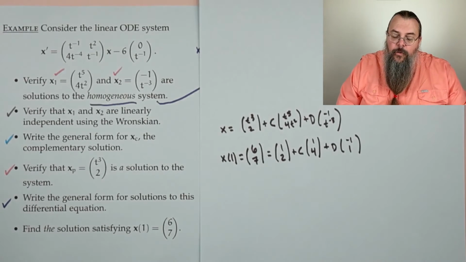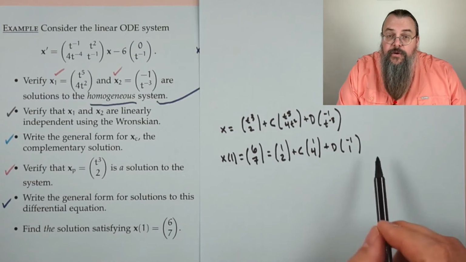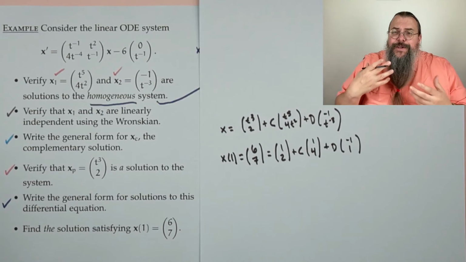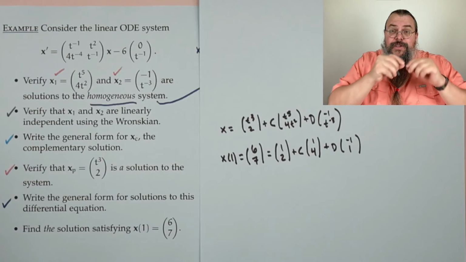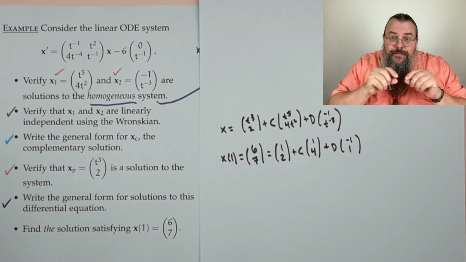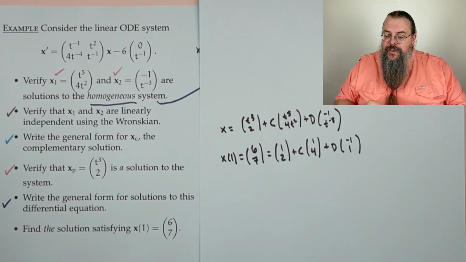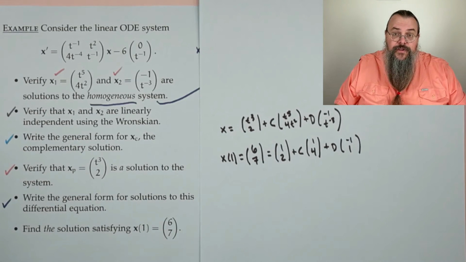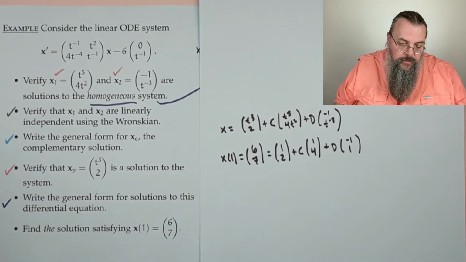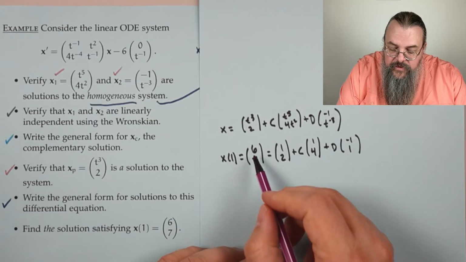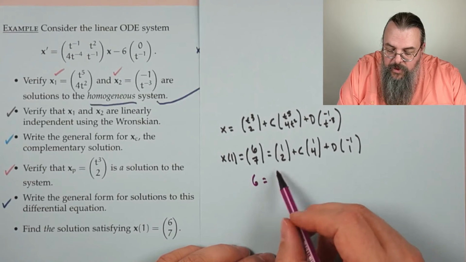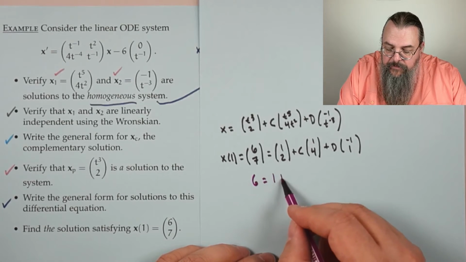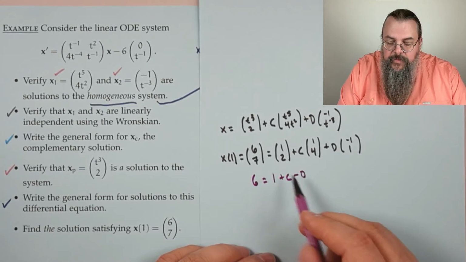Okay, now when you look at this, you can actually think about just reading off the two equations. So you might say, wait, wow, where are there two equations? It kind of looks like one equation. But when I say two equations, I mean the top entries, the bottom entries. So let's read off the top entries. What do we have? Well, we have 6 equals 1 plus c minus d.